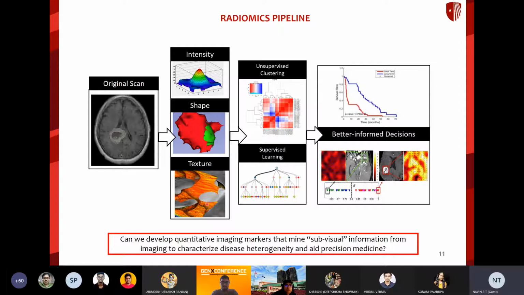So this brings up the question, can we develop these quantitative imaging biomarkers that give us a subvisual appreciation of the disease characteristics on imaging to characterize the underlying heterogeneity and aid in precision medicine?